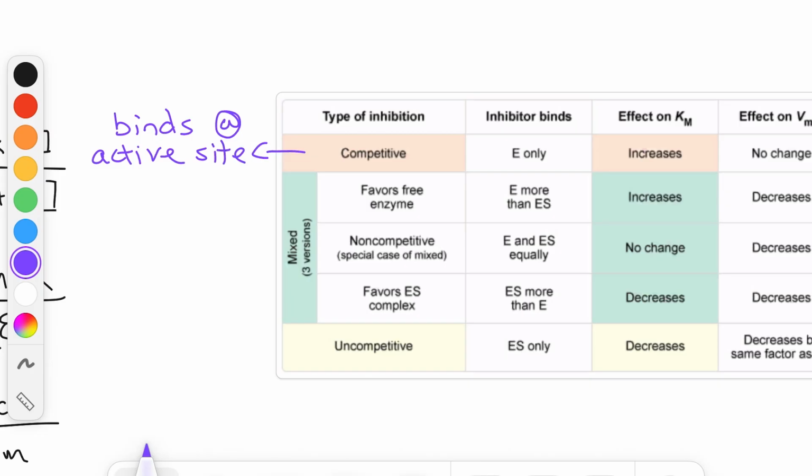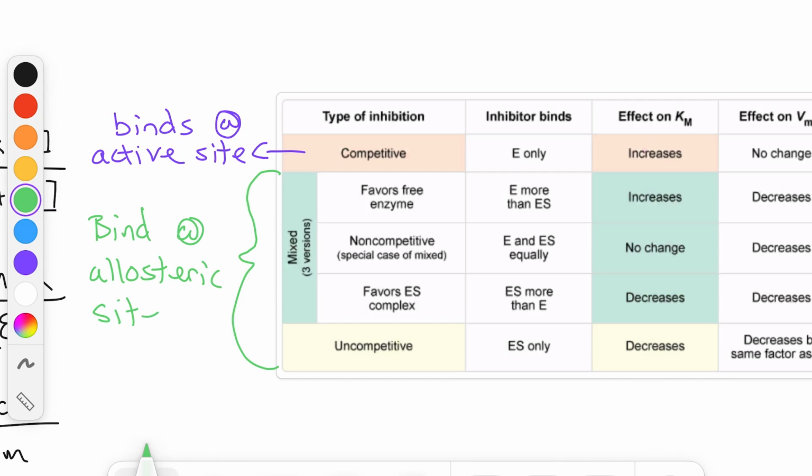Okay, all the other ones bind at allosteric sites. So that is a big one to pick out competitive. If they ever talk about an inhibitor binding at the active site, you know for a fact that's competitive.